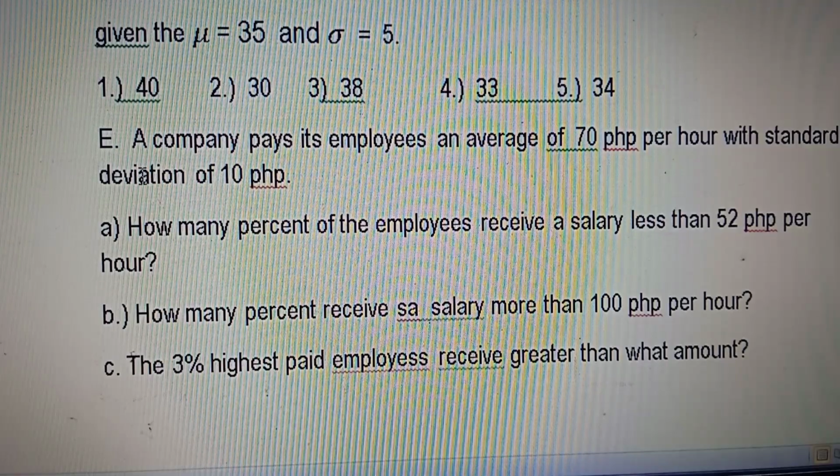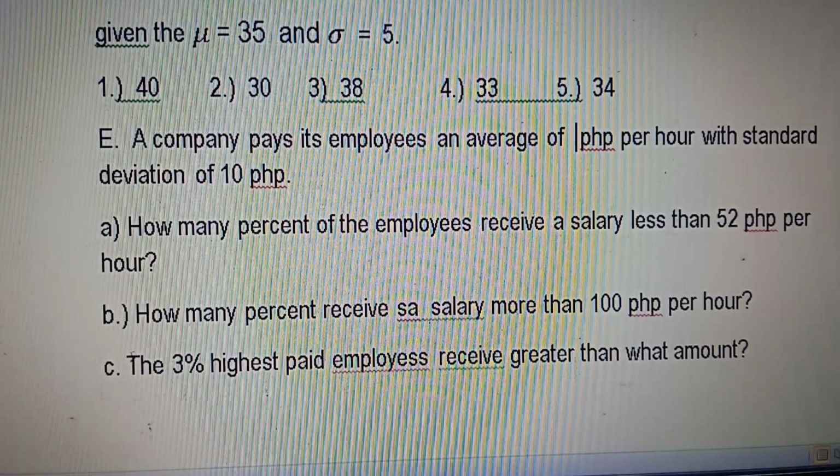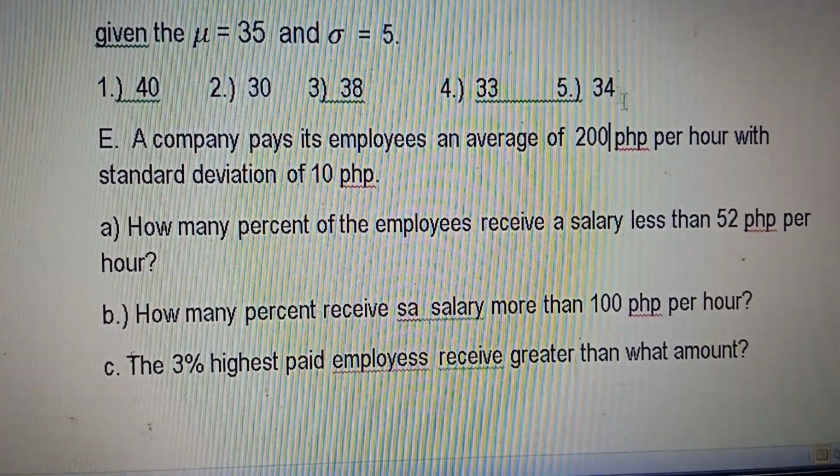Letter A, this is a word problem. A company pays its employees an average of 200 pesos per hour with a standard deviation of 15 pesos.